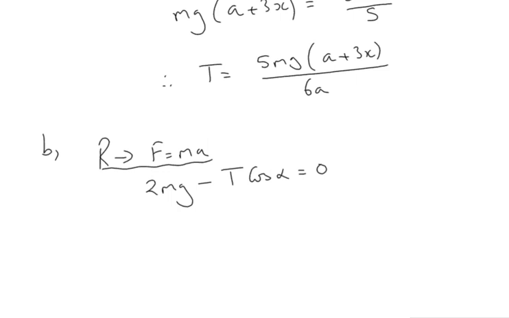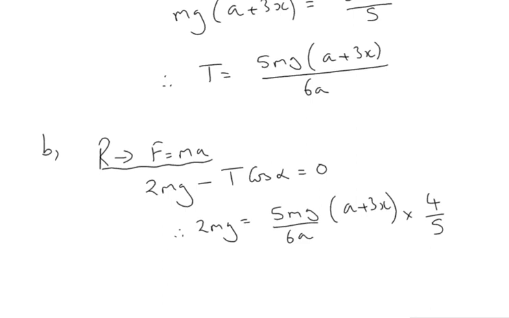And I know an expression for T because I worked it out in the previous part. So therefore 2mg is equal to 5mg over 6a, times (a plus 3x), that's T, and cos alpha, of course, is 4/5.